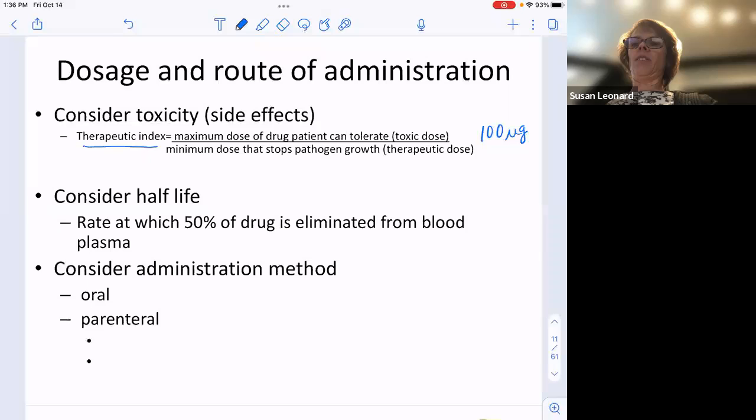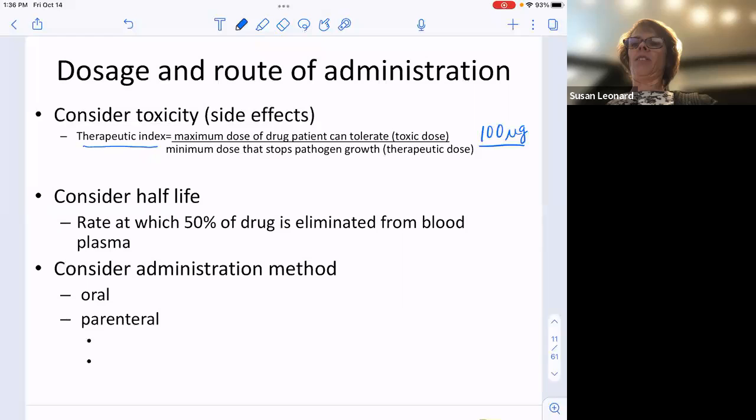For example, if you're treating somebody with cancer and the drug makes their hair fall out, that's an acceptable side effect. If you have a drug to treat an ear infection and it makes your hair fall out, that is not considered acceptable. So that's the point where side effects become unacceptable, and we compare that to the dose at which the drug works and kills the pathogen.